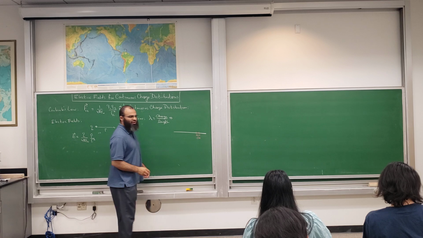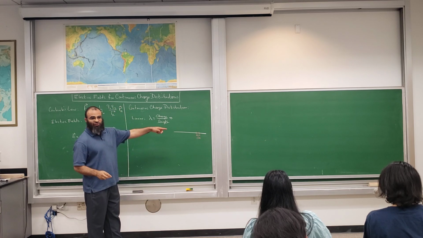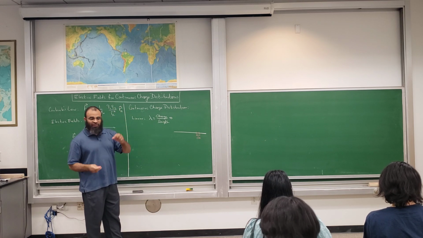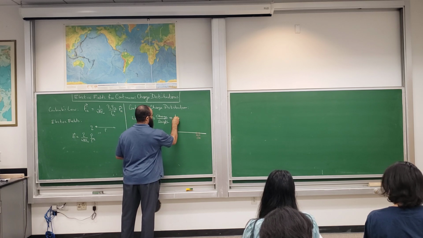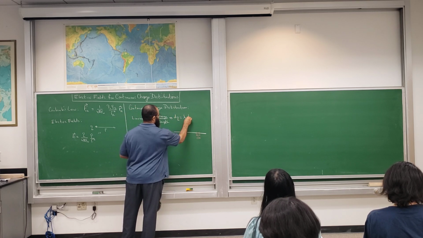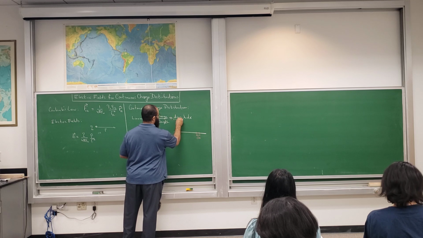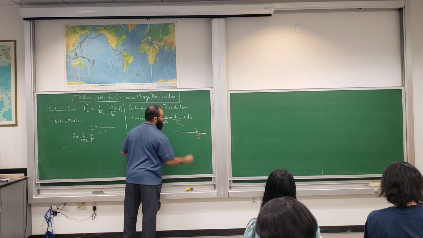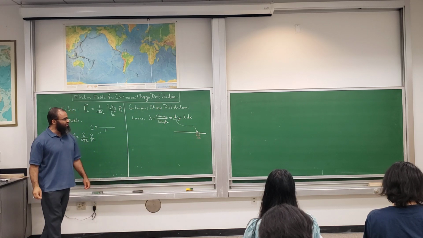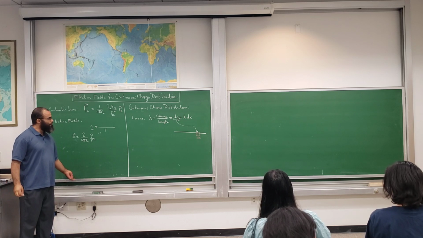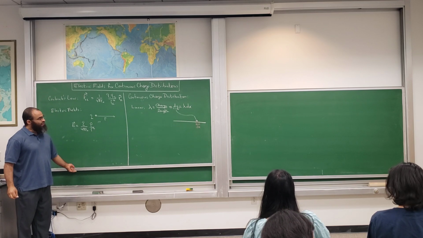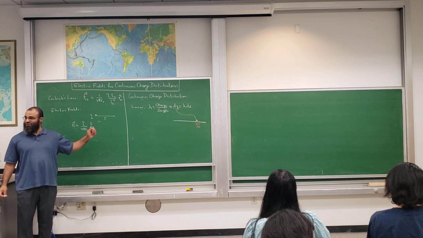The question is, how much charge would I expect to find in that little length dx? And the answer is dq is just lambda times dx. So dq would be how much you would expect to find in that little length dx. And so far, we're good?